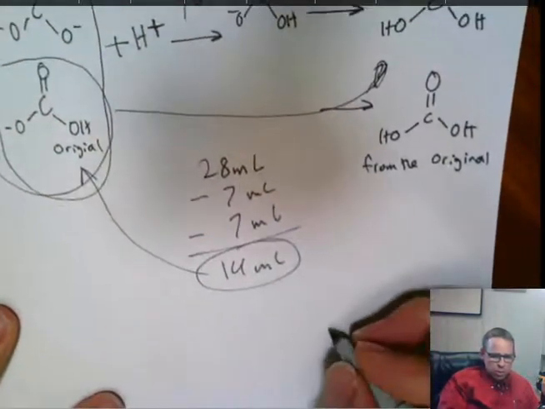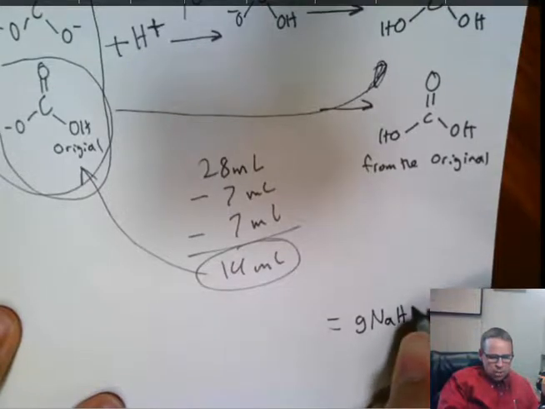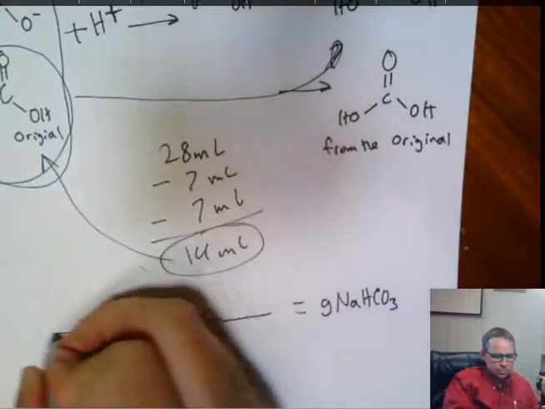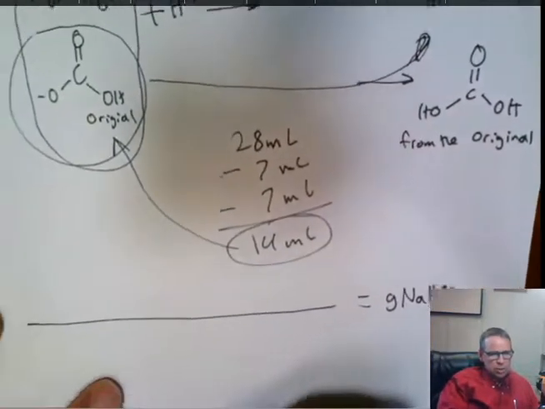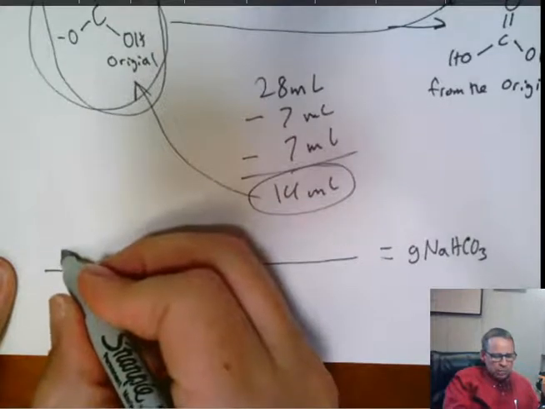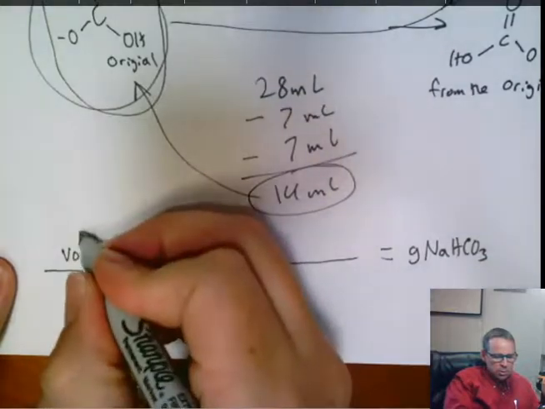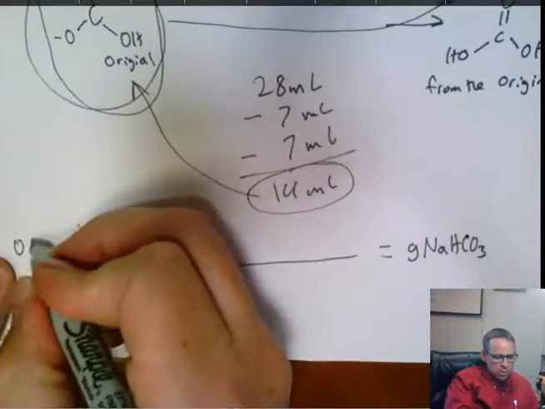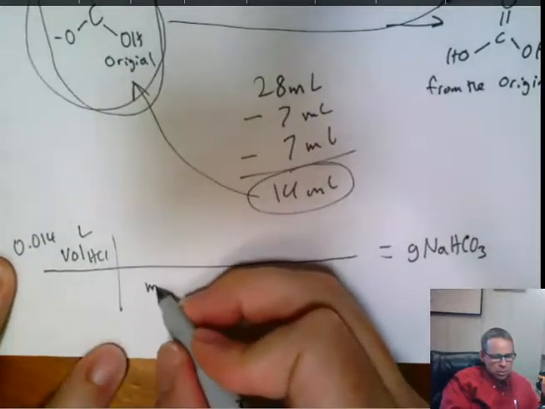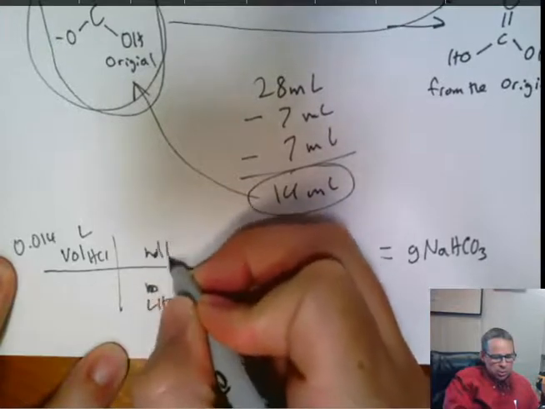So when we want to identify the grams of sodium bicarbonate in our initial sample, we start with our volume of HCl in liters, which would be 0.014 for this scenario, right? We go from liters of HCl to moles of HCl.